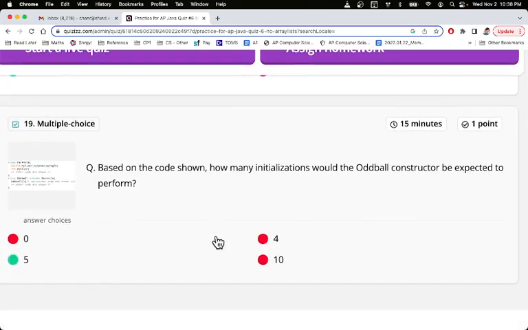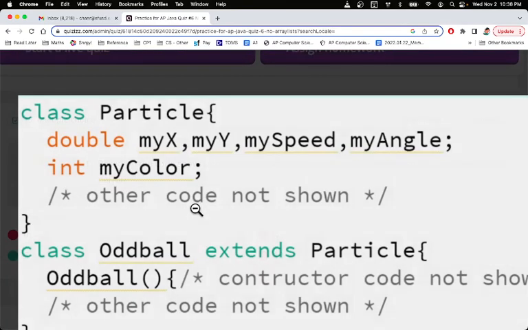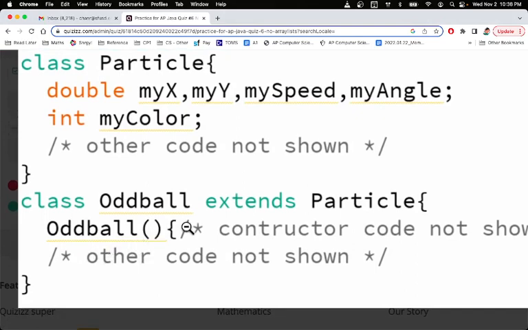Very bad. Last question, number 19. Based on the code shown, how many initializations would the oddball constructor be expected to perform? When you click here, the oddball constructor at the moment, you could say 0, forgetting that you've inherited stuff. The oddball constructor must initialize its member variables. You inherited 1, 2, 3, 4, 5 of them, and thus they must be initialized.